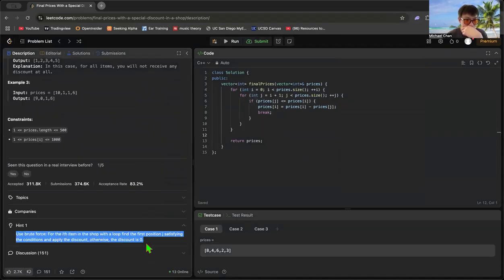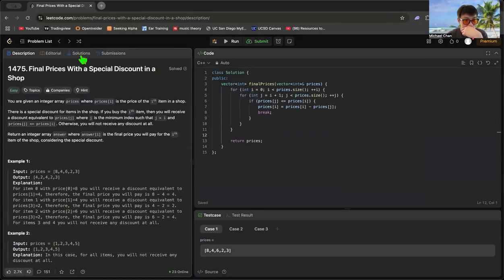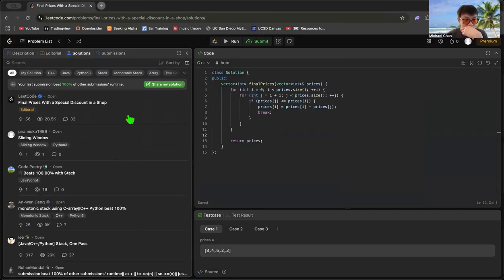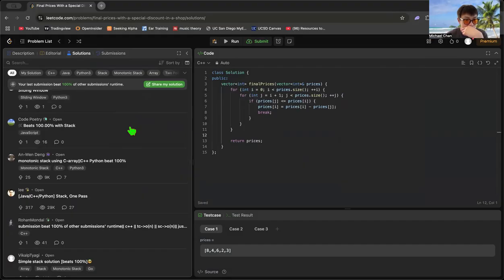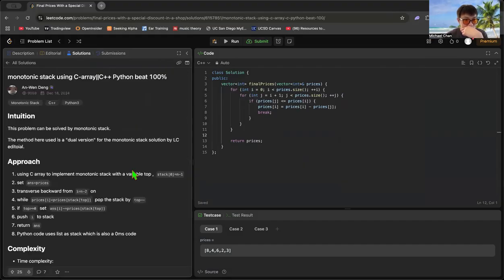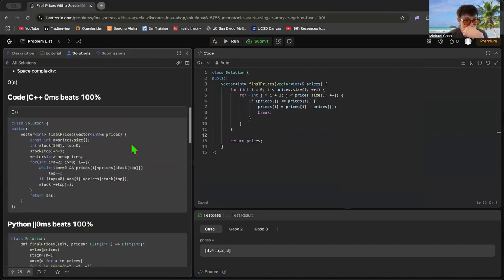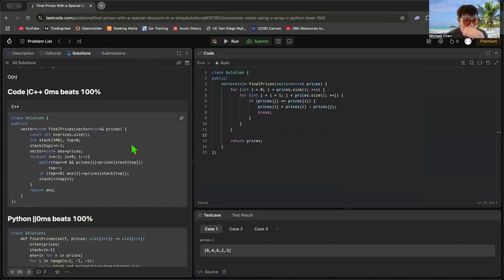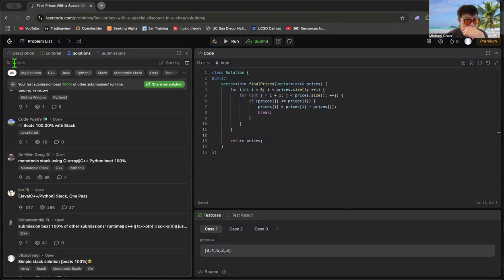Here it says use brute force for the ith item, and then another one says monotonic stack, right? I don't know what this one is.